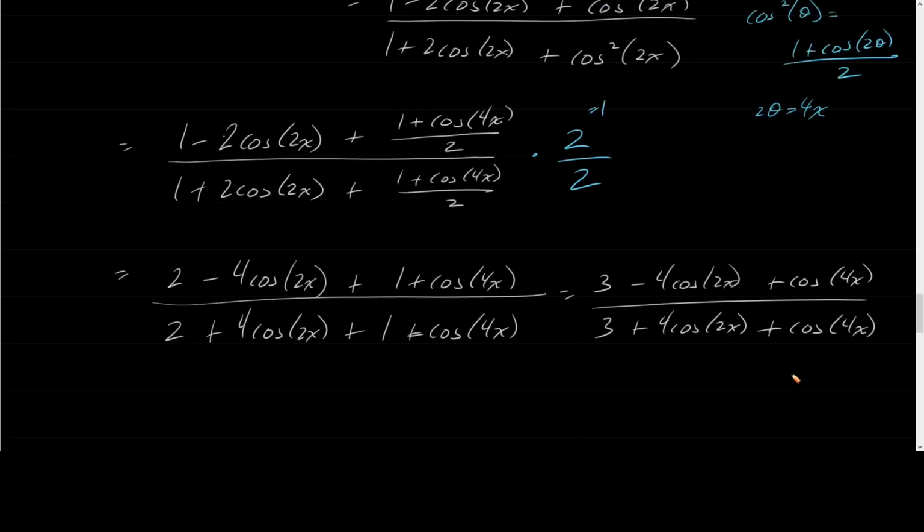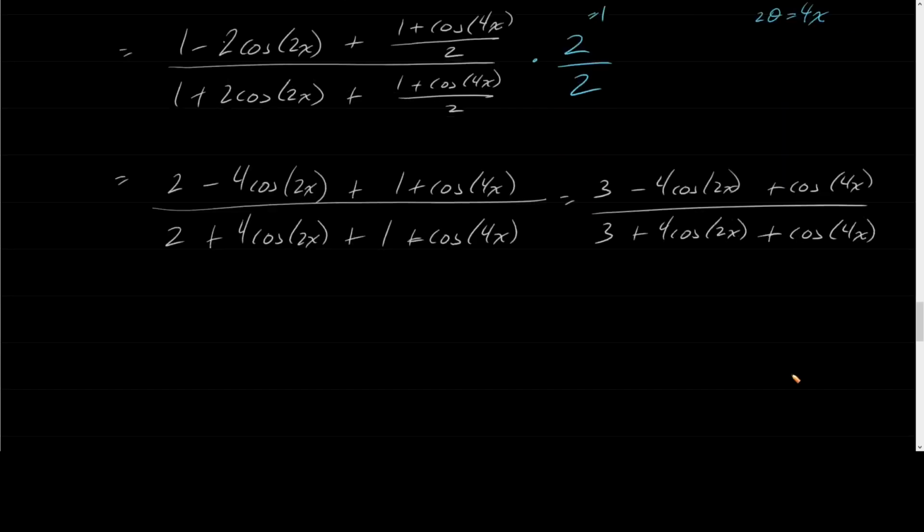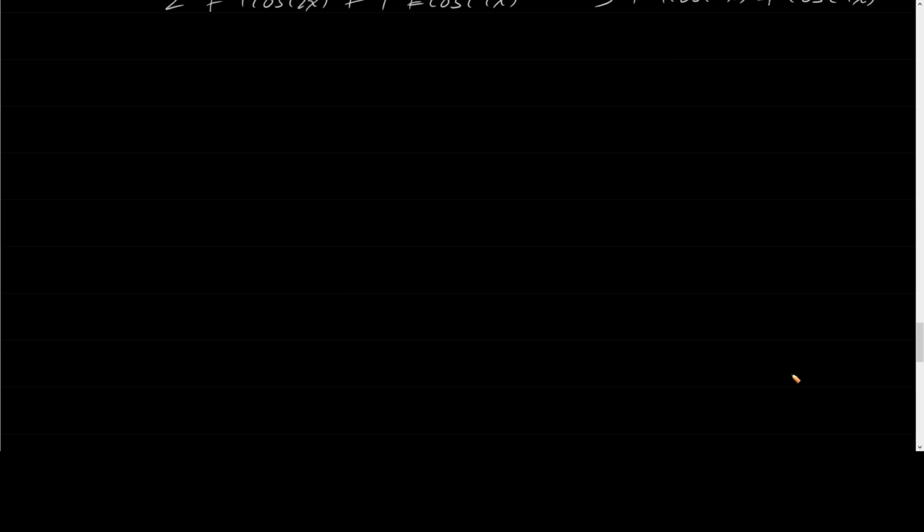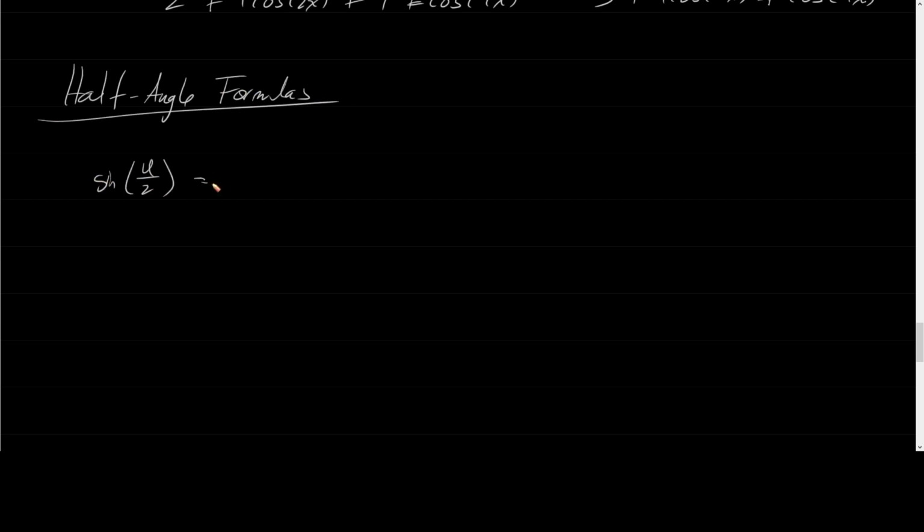All right. So that's one possible way to use the power reduction formulas. There's also something called the half angle formulas. So let's look at those. The half angle formulas are as follows. Sine of u over 2 is equal to plus or minus the square root of 1 minus cosine of u over 2.